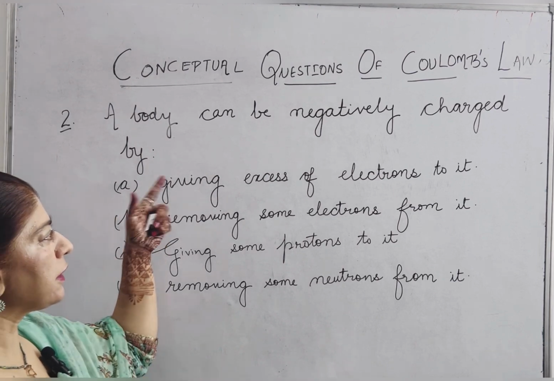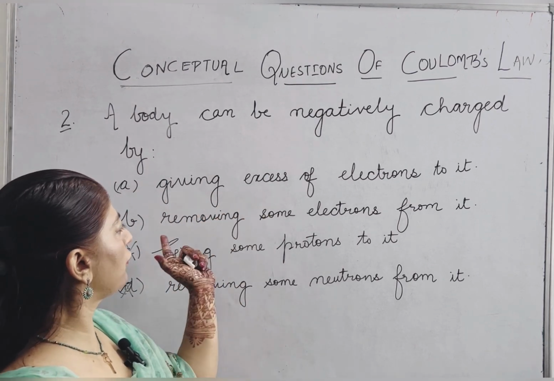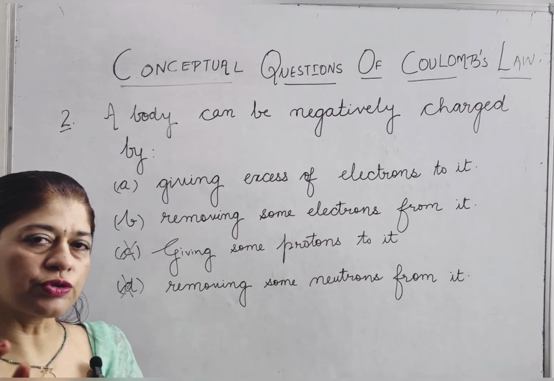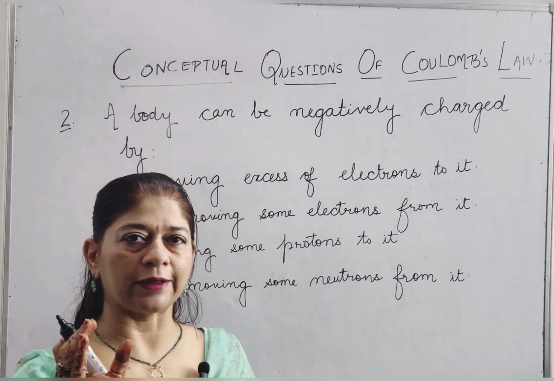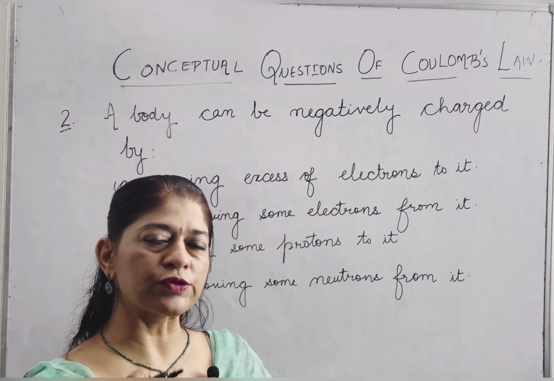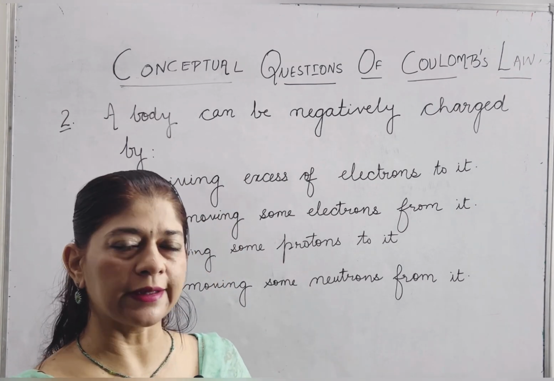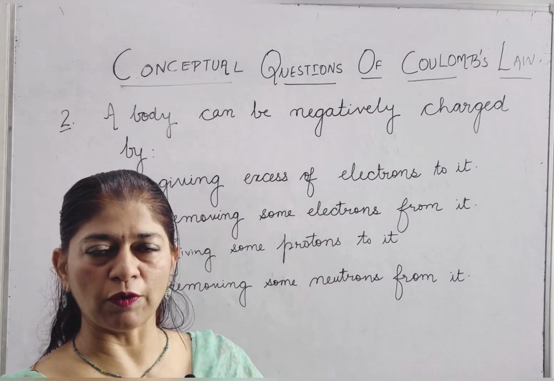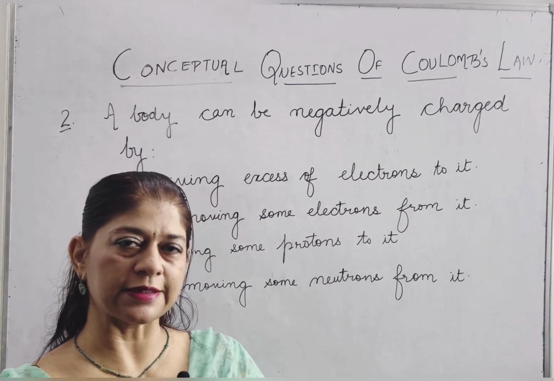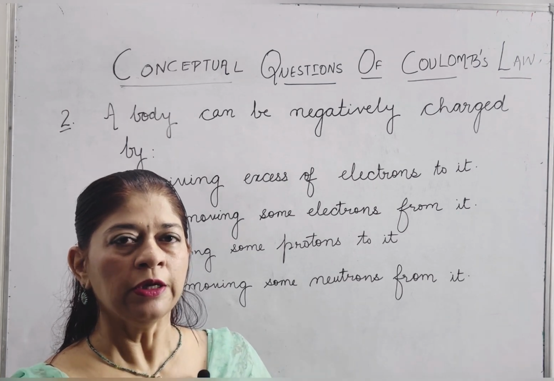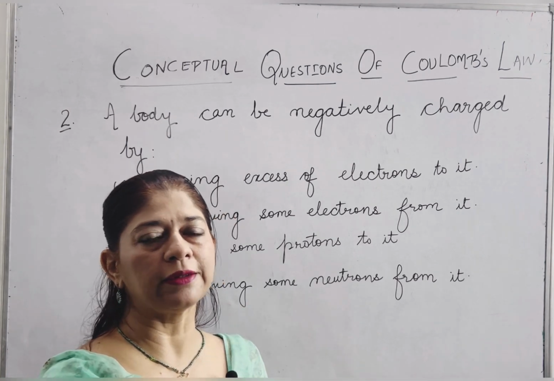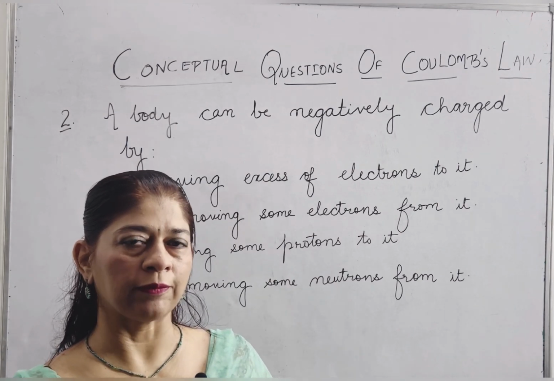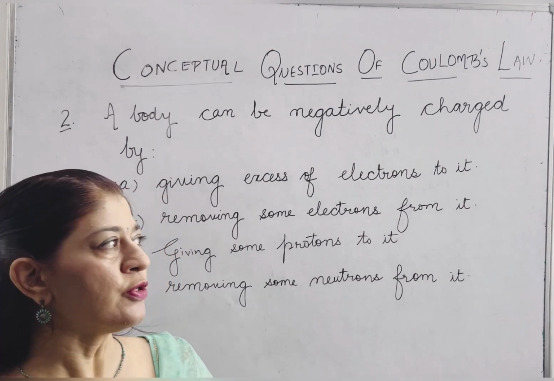Now, among these two options, giving excess of electrons or removing some electrons from it. See, when a neutral atom is there, and from there the electrons are being taken to the next body, then it will have positive charge on it, because some of its electrons are removed. Let's take an example, one electron is removed from it, so the body that gains the electron will have the negative charge on it, and the body that is losing will have positive charge on it.